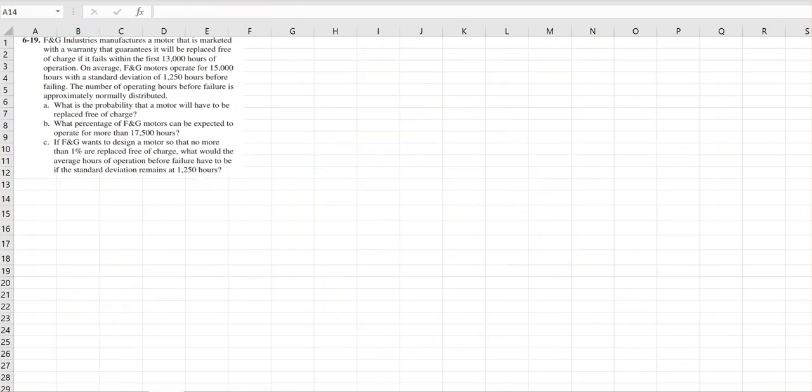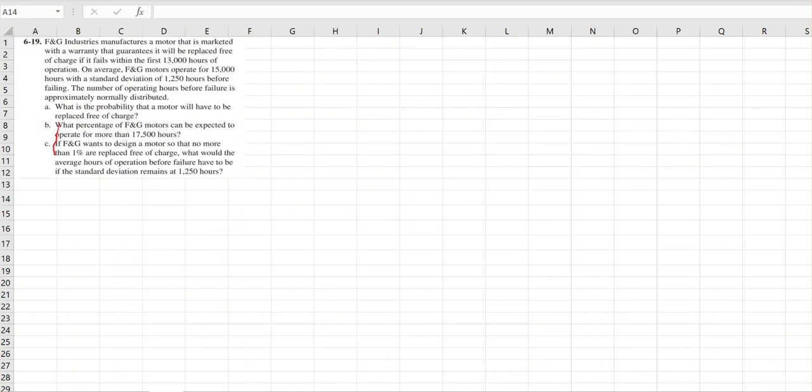Let's do part B, which says what percentage will have to be replaced. Oh, sorry, what percentage of motors can be expected to operate for more than 17,500 hours. So again, we draw this.